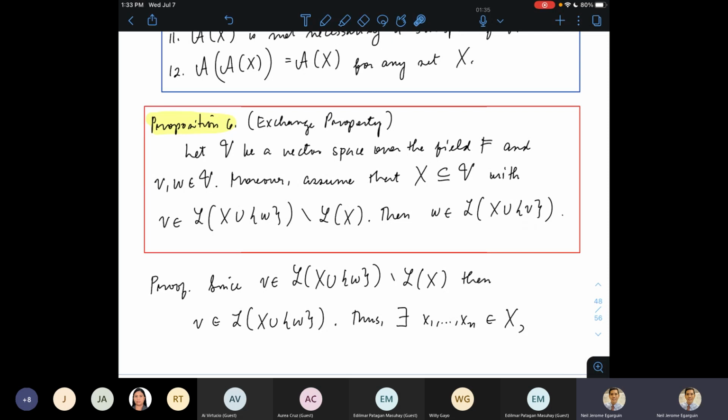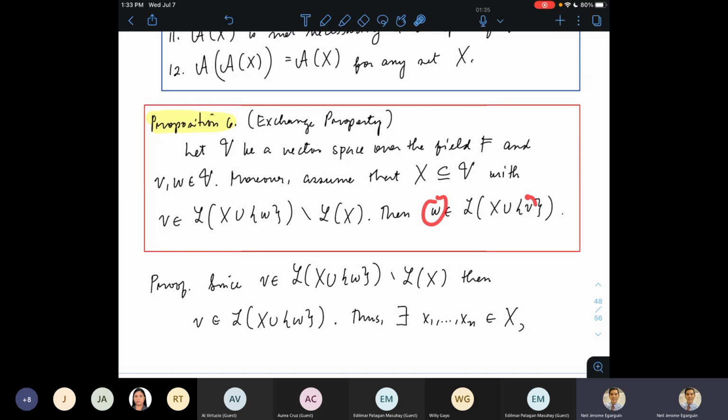So that is how we get an exchange property. Because the V here and the W here sort of changed roles. That's why W turned out to be here and V coming from here. But we need to be generic here because W can possibly be generated by elements of capital X alone. But nevertheless, you can add an extra V there just to be sure. Right.